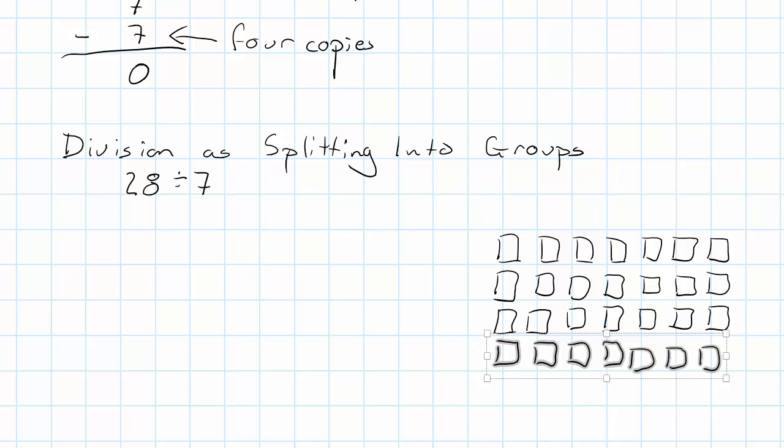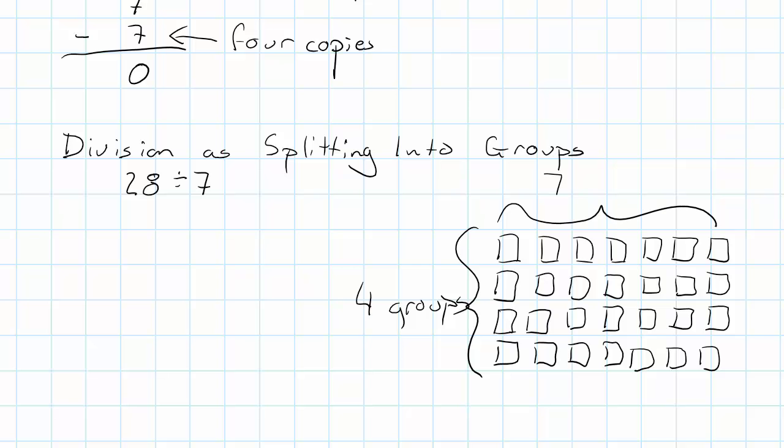We end up with 4 groups with 7 in each group.